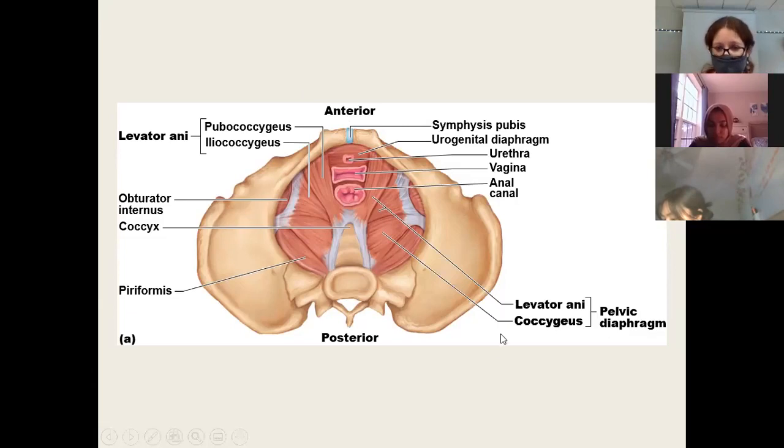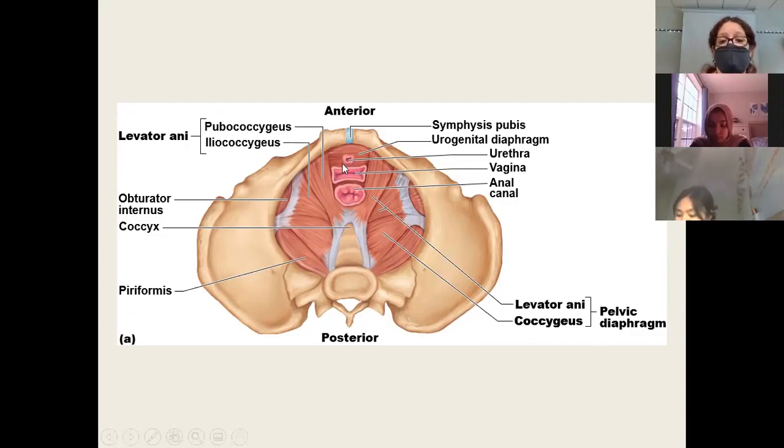So the two main ones are the levator ani, here and here, and then the coccygeus, here and here. So those are your two main ones. Here is another levator ani. No, it's the same one. I'm not crazy. Thank you.